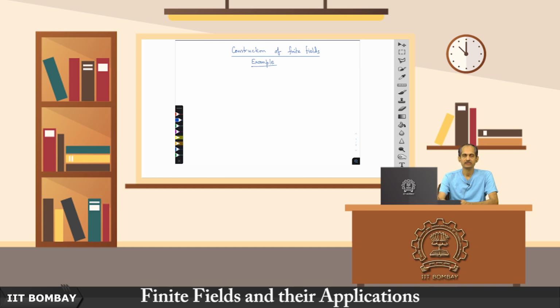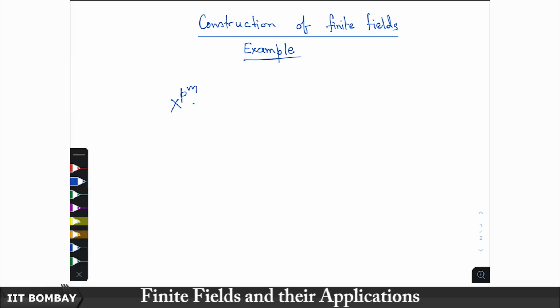The way we proved it is that you first consider Z_p and then you take the polynomial x^(p^m) minus x and take its splitting field, and that splitting field is F_(p^m). But this method is a proof technique and it is not a construction method.